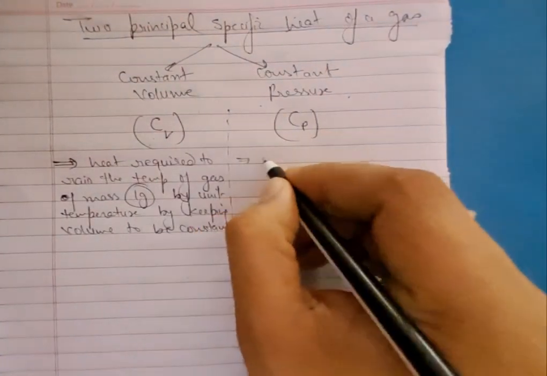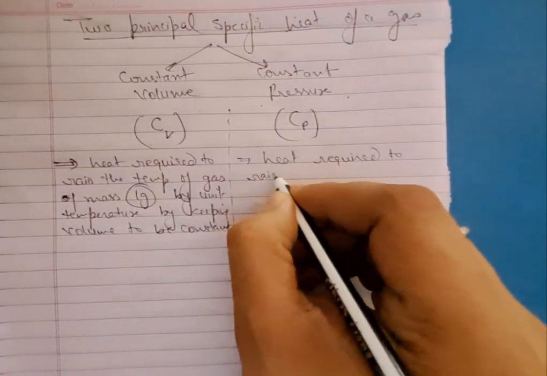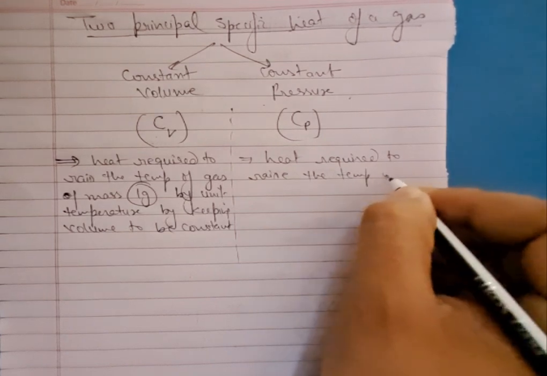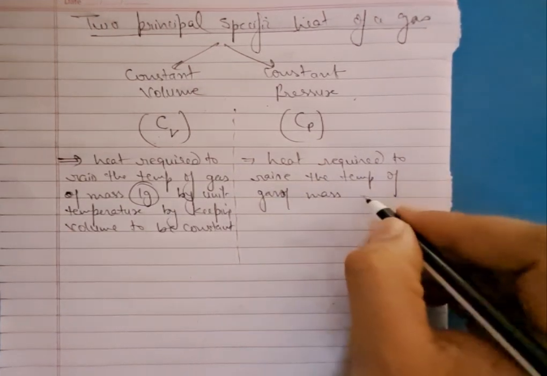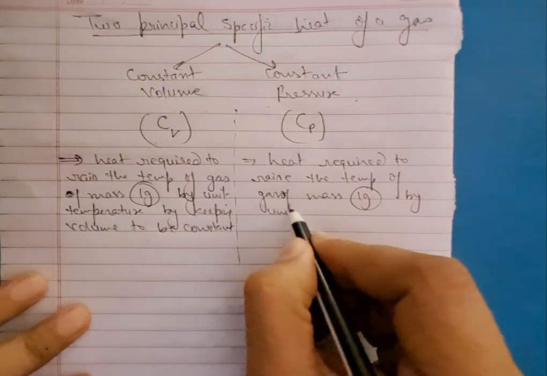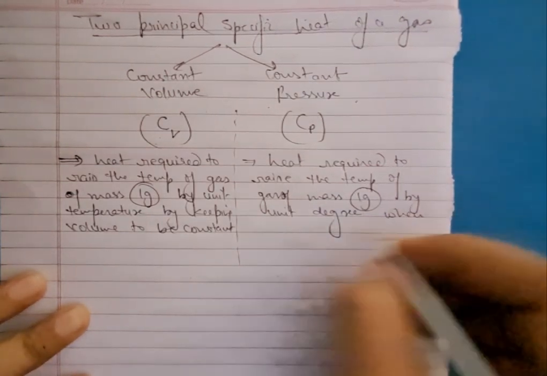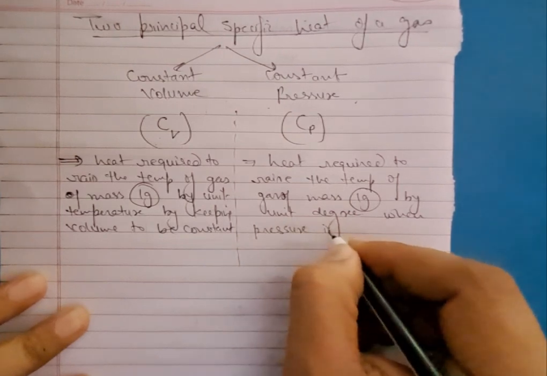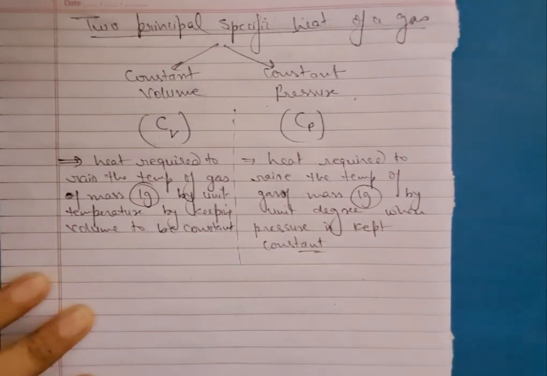So it is the heat required to raise the temperature of gas of mass 1 gram by unit degree when pressure is kept constant. Okay, so these are the two cases.